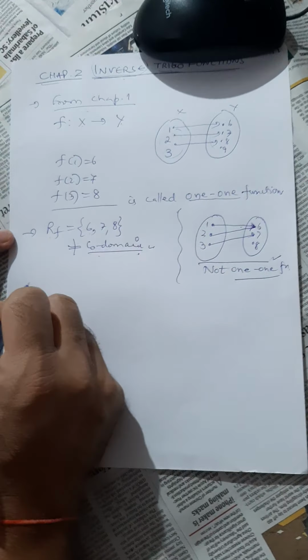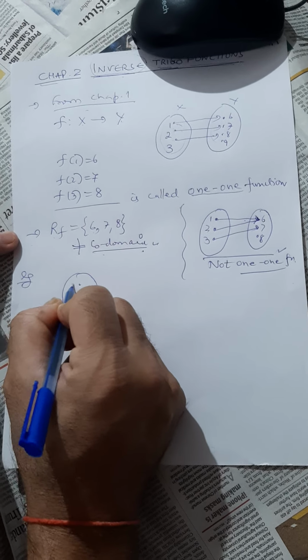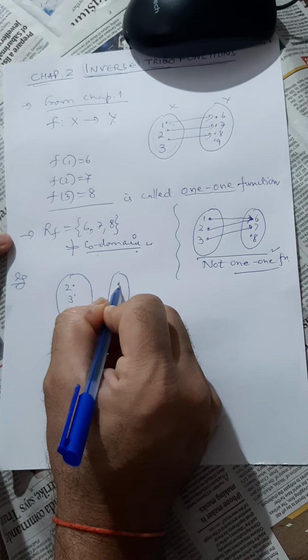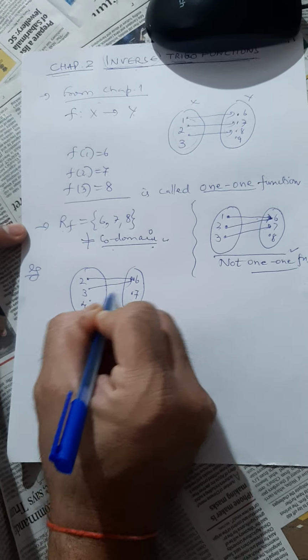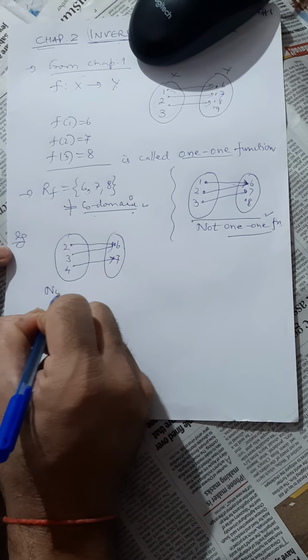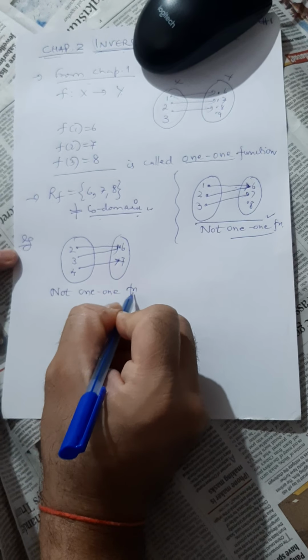But if I take this function, look at this, for example. Here I'll take, let's take 2, 3, 4. Here I'll take 6, 7. So like this. Now this is of course not one-one function. This is called many-one function. Why?